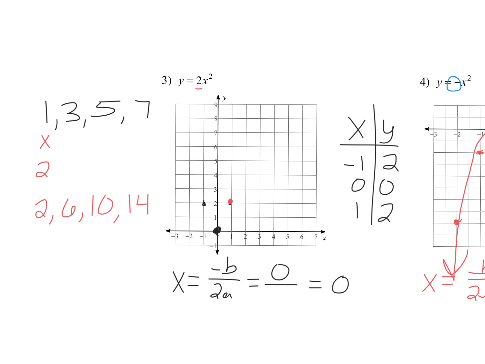Up 2. Over 1, up 6. So if you have a leading coefficient, that changes your step pattern. Okay? The reason I multiplied by 2 is because our leading coefficient was 2. Okay? And then mirror your opposite sides. And then draw your picture.